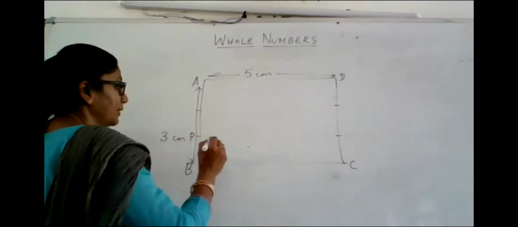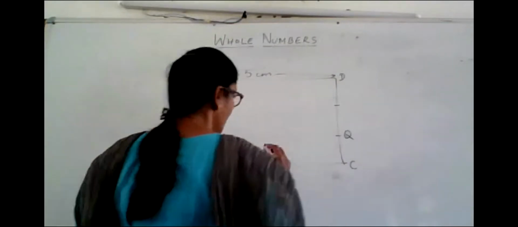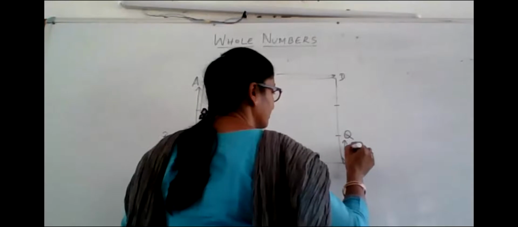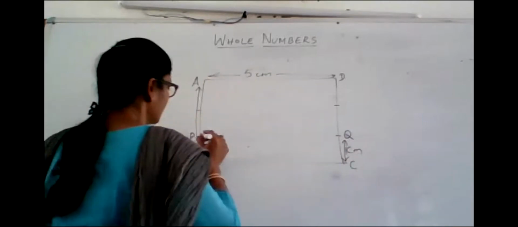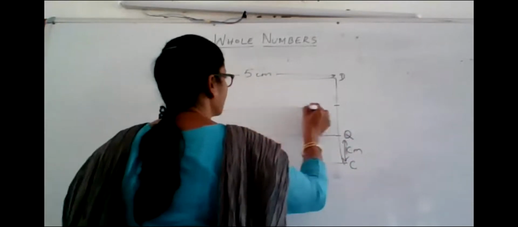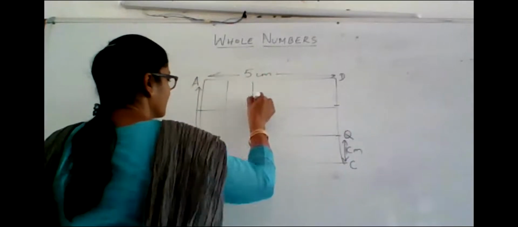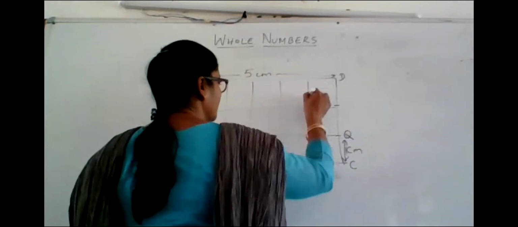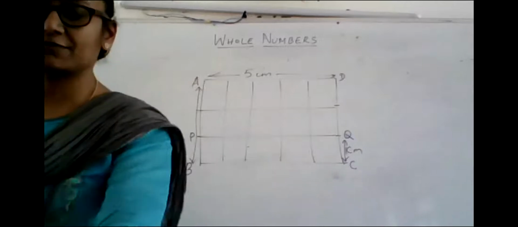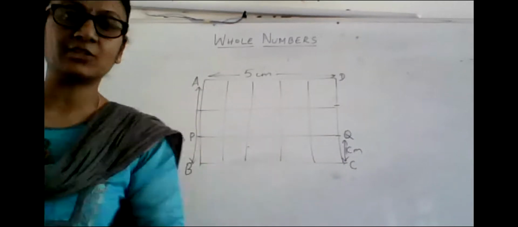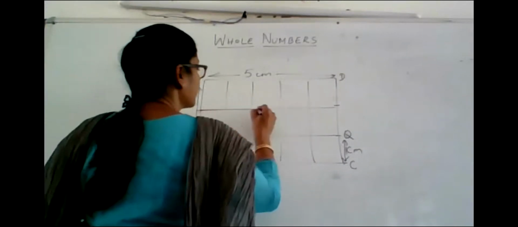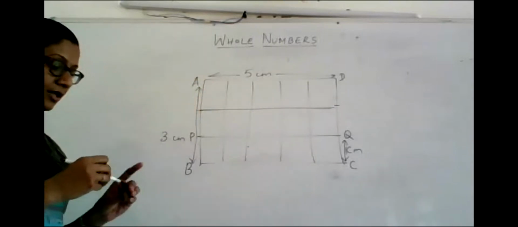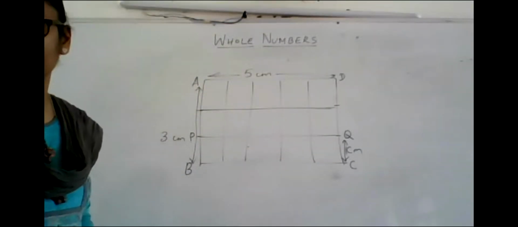So this is your point P and this is your point Q. This is 1 centimeter. Okay, so your graph sheet will be actually like this. Can you see? On the graph sheet, when you draw, it is very easy to mark the squares. Alright, so now this will be marked in a different color.